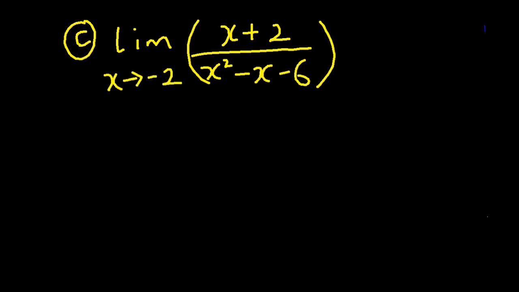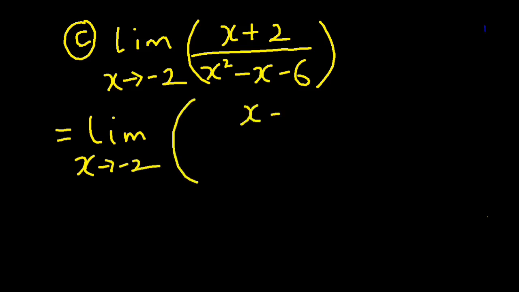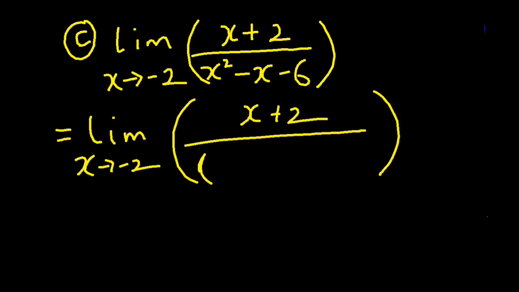So this is equal to the limit when x tends to minus 2 of x plus 2 over the denominator. The denominator is a quadratic expression. So this is the first method to solve it.